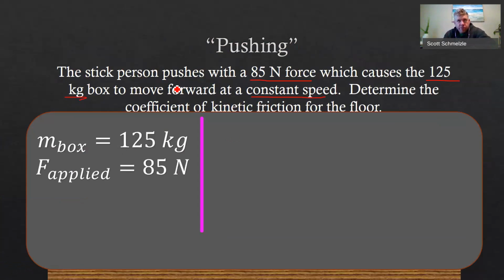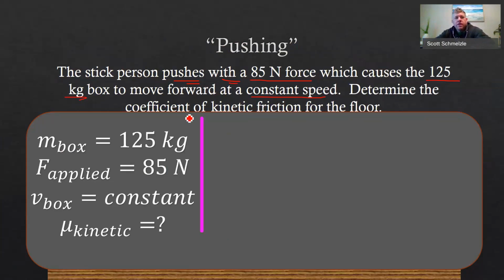Because the person pushes with this 85 Newton force, that's an applied force. That sets in a whole bunch of different options for us. At constant speed, the velocity of our box is going to be constant. We want to find our kinetic coefficient of friction.